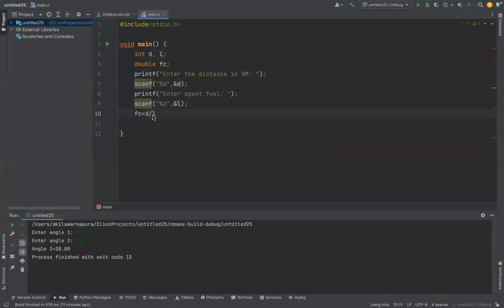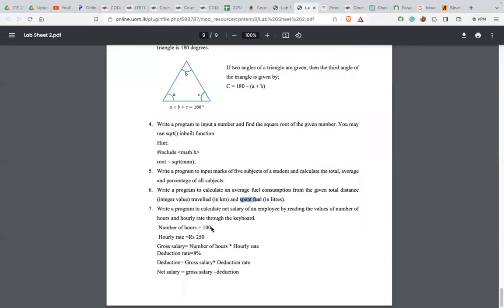Fuel. Okay, if you use D divided by L, that means you can get the average, but this is a floating point division. The answer won't get the floating point number. So let's say what would be the answer? Printf, which are asked to provide the fuel consumption.